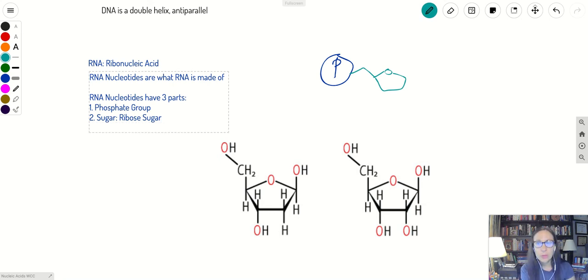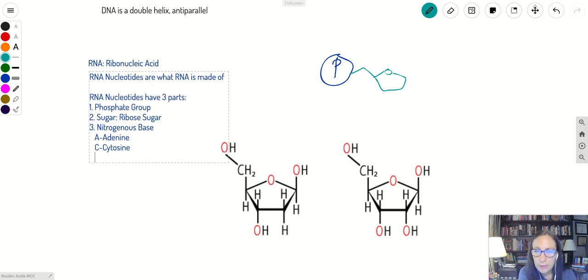The third part of the RNA nucleotide is the nitrogenous base. Similarly to DNA, it has 4 options. 3 of the options are the same, but 1 of the options is different. We still have A for adenine. We still have C for cytosine.